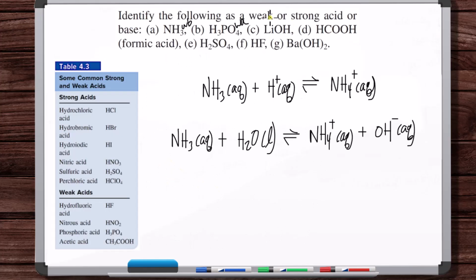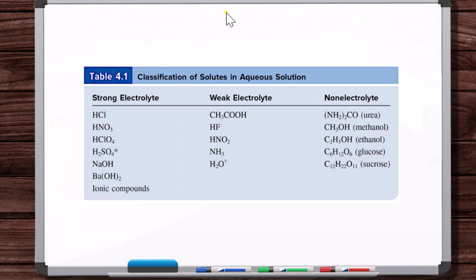Okay, lithium hydroxide. So with an OH group here, we're thinking about how this is some form of a base, but we weren't explicitly given any dedicated table regarding strong and weak bases. We know that all ionic compounds are strong electrolytes. So the question is then, is lithium hydroxide soluble in water or not?